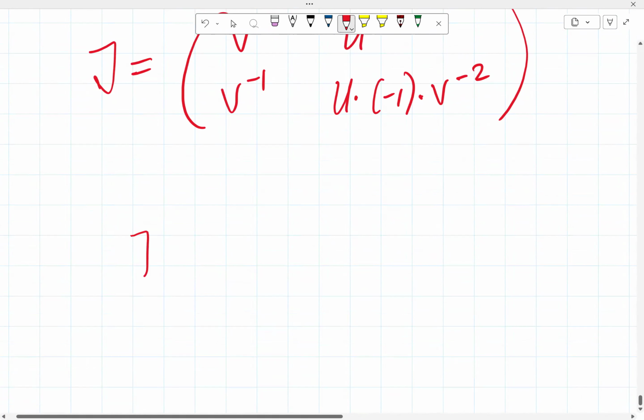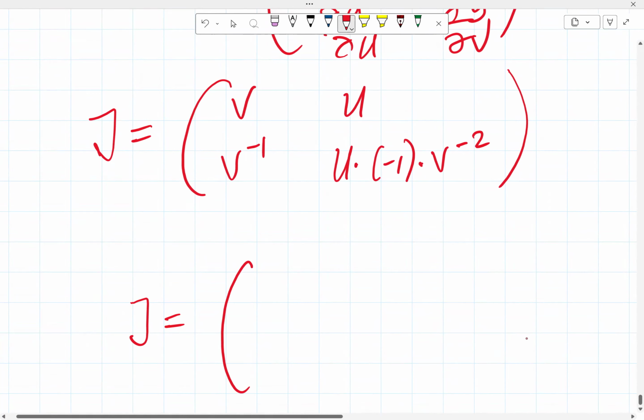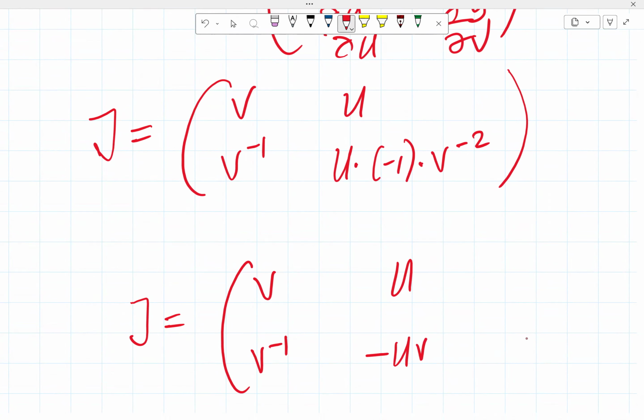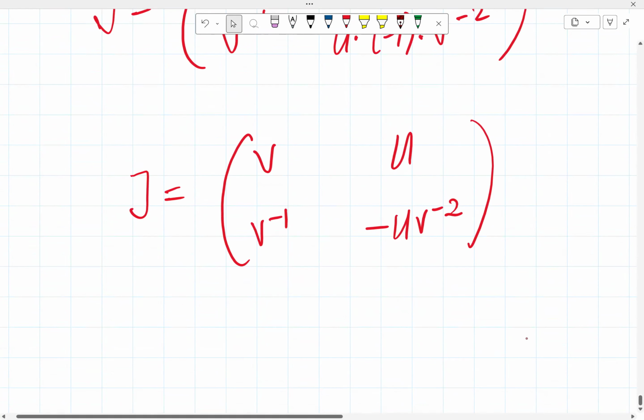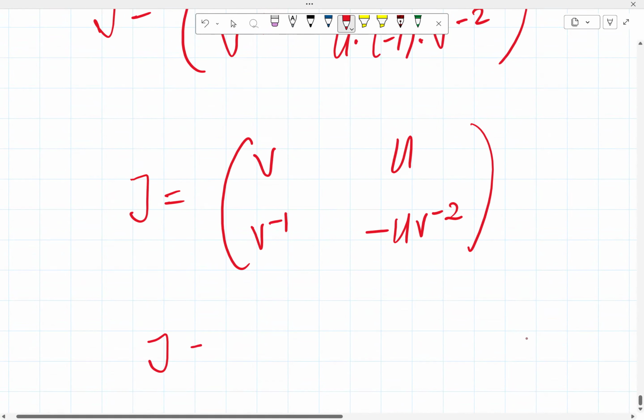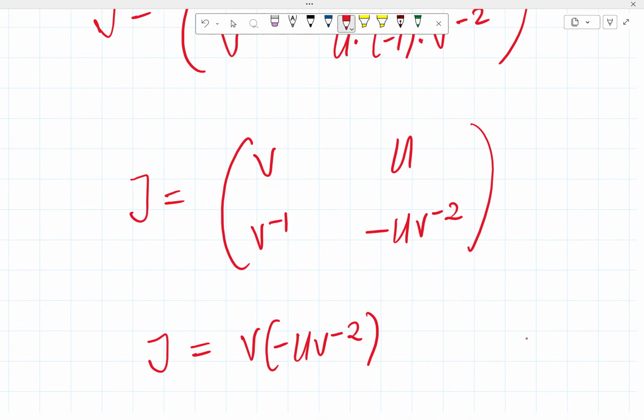So J now should be, I hope nothing is wrong there, so let me know in case anything is already wrong. I doubt it though. So v, u v inverse, then minus u v raised to minus 2. So the Jacobian is the determinant: v times minus u v raised to minus 2, minus u v inverse.